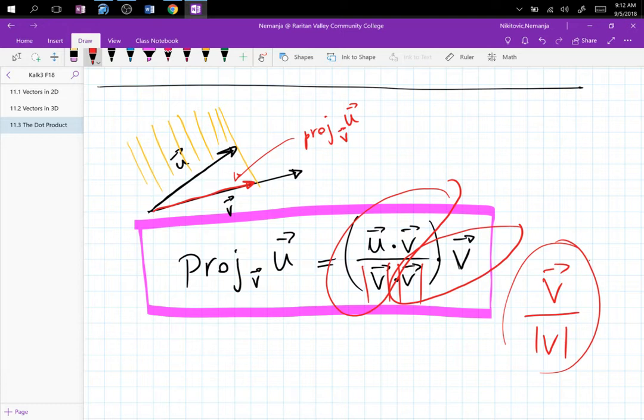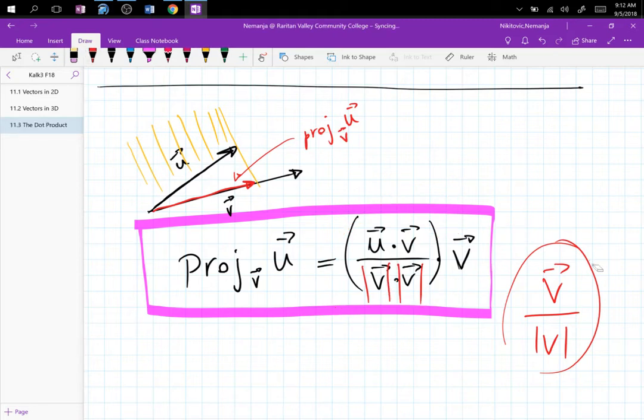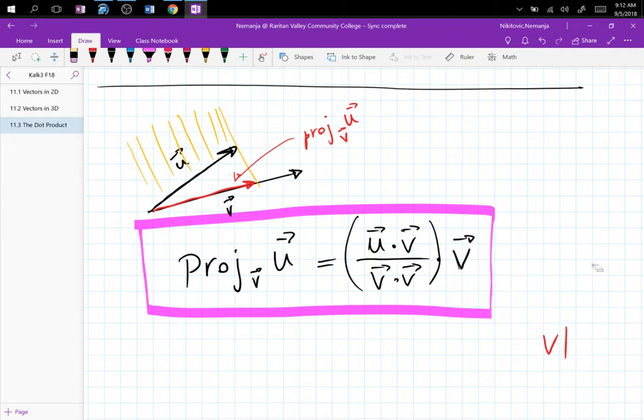Now, the full derivation for this is in the book, and it is something that honors students should know. Everyone is equally responsible for the formula, obviously, to be able to compute the projection. But if you're signing up for the honors option, you also have to be able to pinpoint where the magnitude comes from, where the direction comes from, and so on.